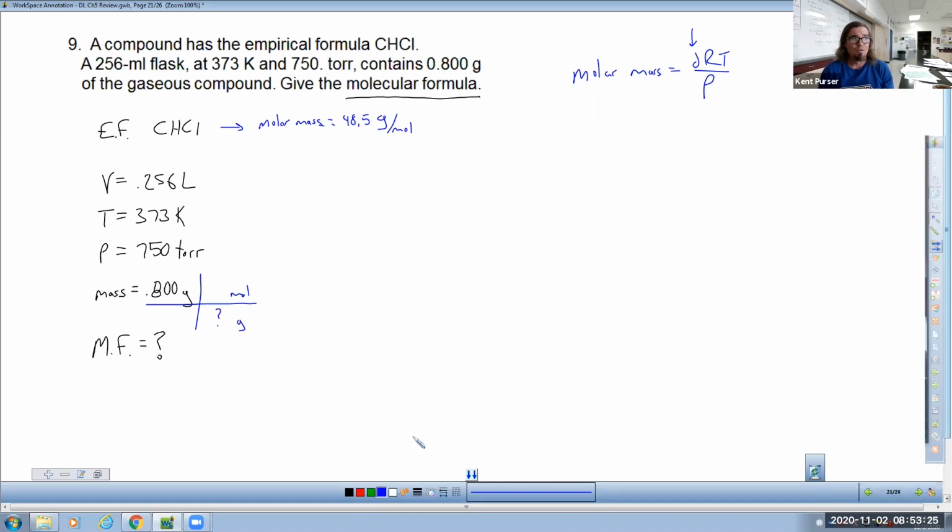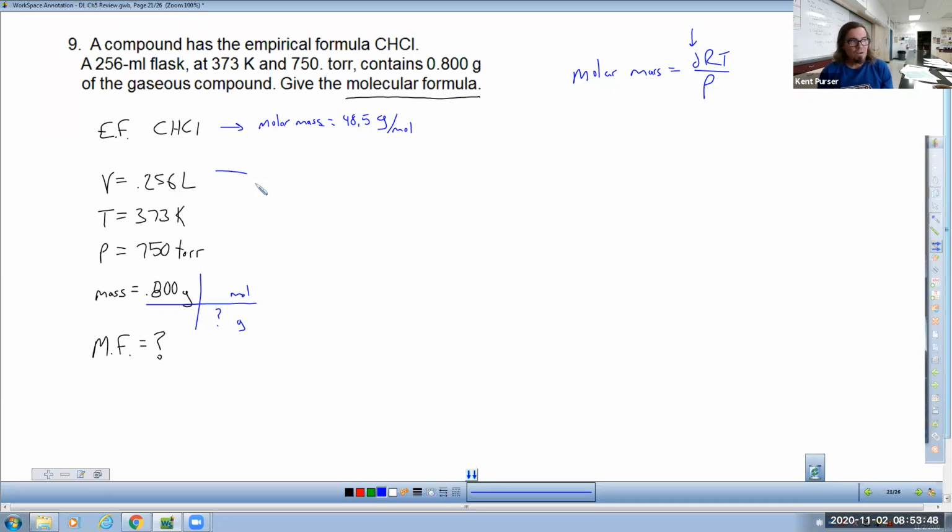We only know the empirical formula. So what I know is going to happen when I see an empirical formula is that we're going to take the empirical formula and multiply it times something. So what I did is I found the molar mass of the empirical formula. Just added 1 C plus 1 H plus 1 chlorine and got 48.5.